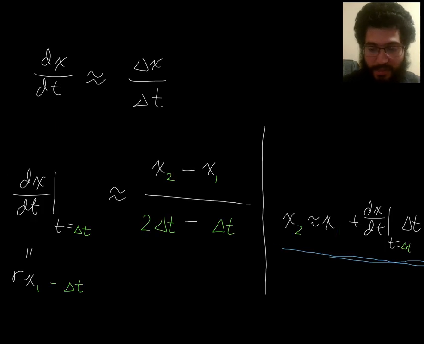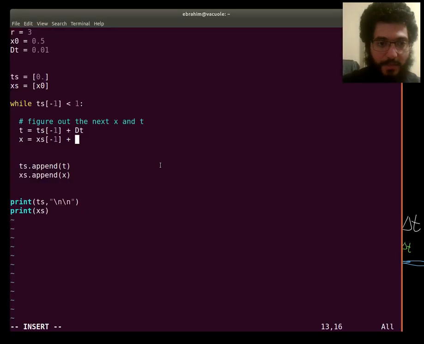So I'm basically just doing this idea here. So the approximated change in x is the most recent information I have about the derivative of x times the time difference. And what do I know about the derivative of x?